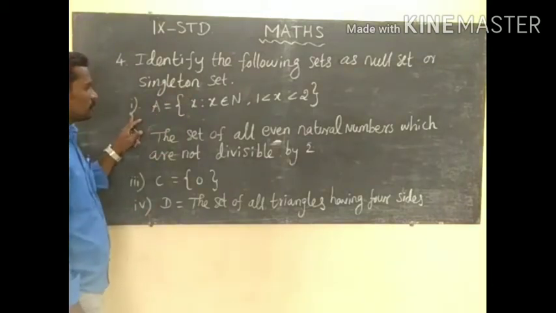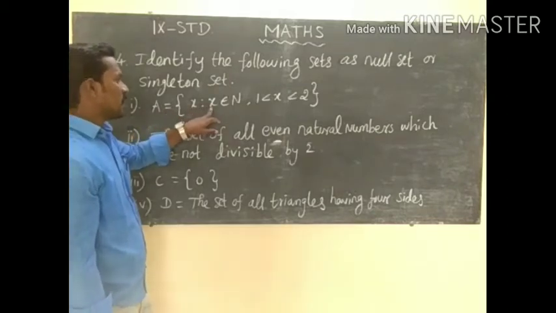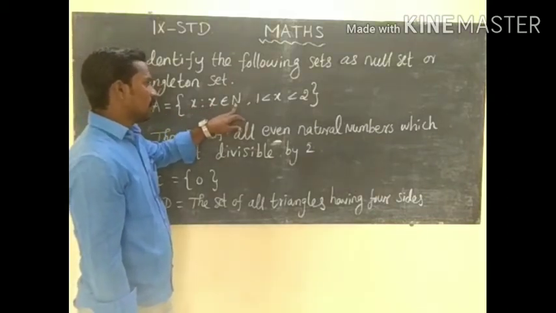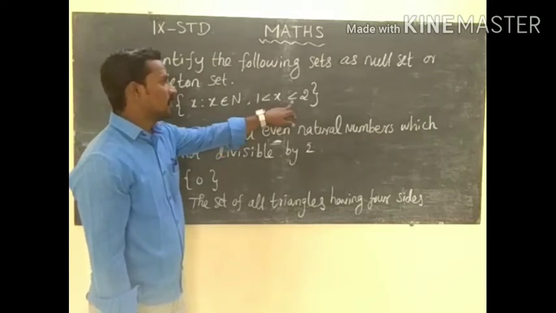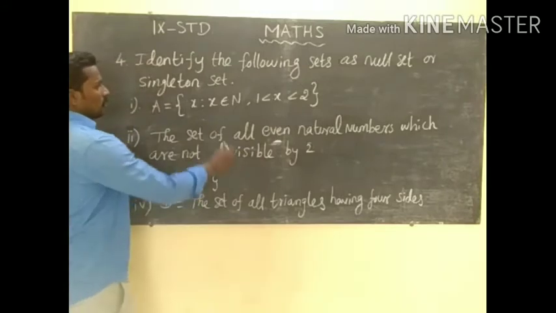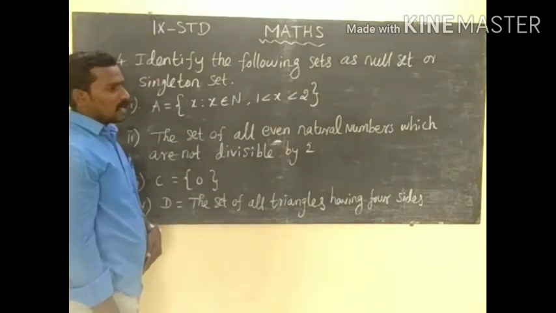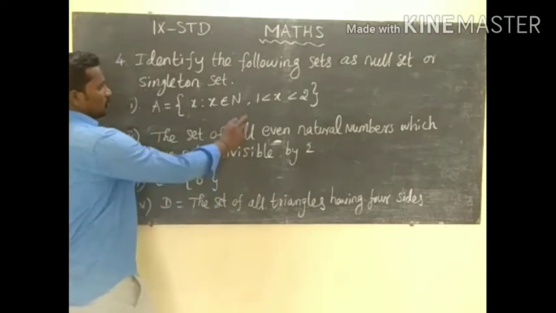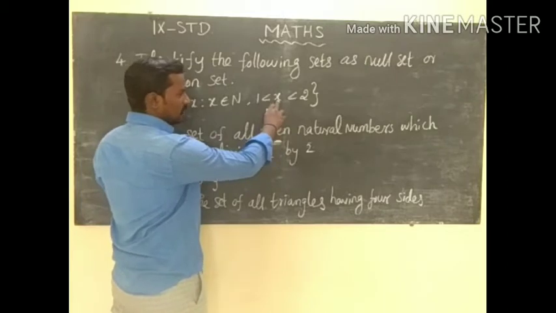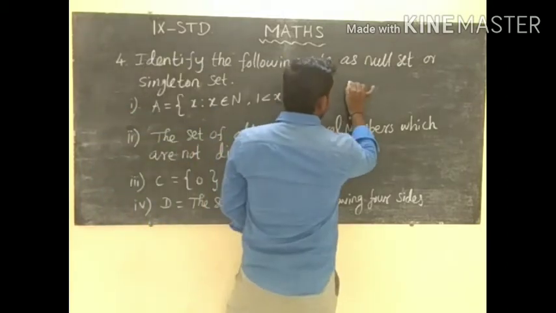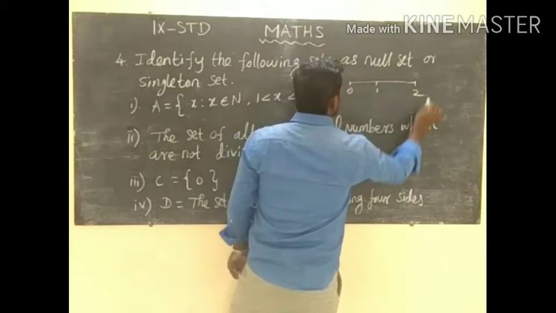The first question: A is equal to the set of all x such that x belongs to N, where N represents the natural numbers, with the condition 1 less than x less than 2. The natural numbers are 1, 2, 3 and so on. Draw the number line 0, 1, 2.